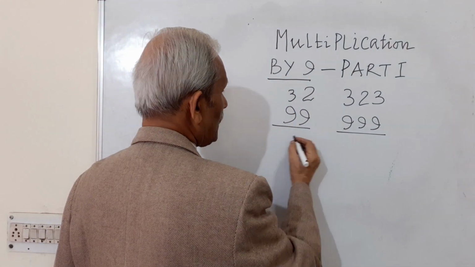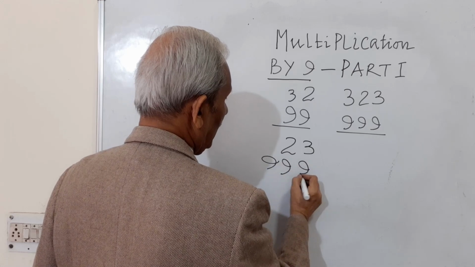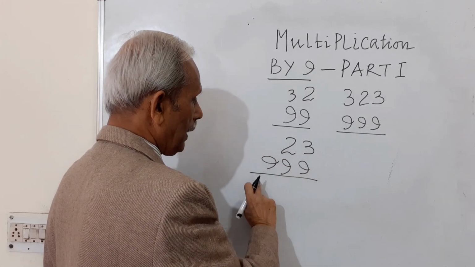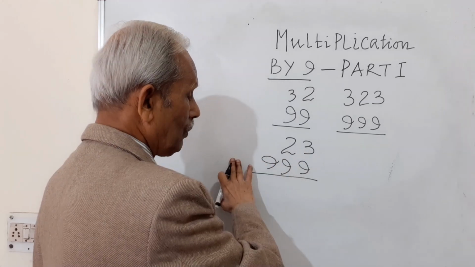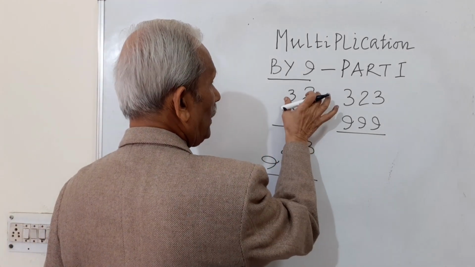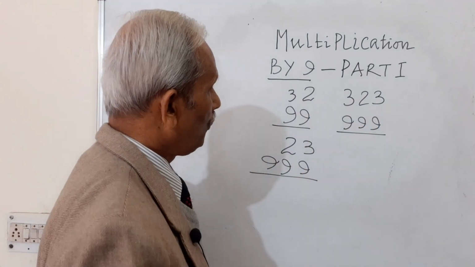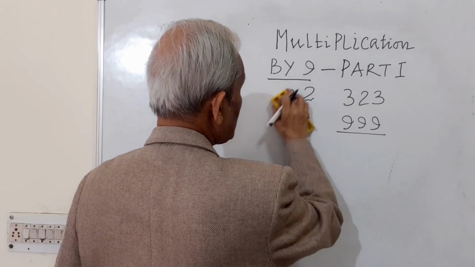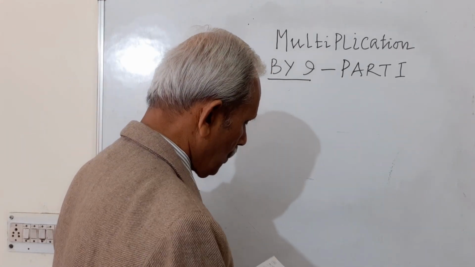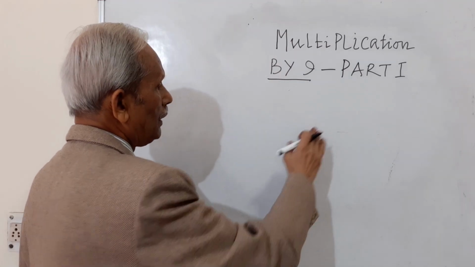But there may be a situation where you find 23 into 999, where the multiplicand has fewer digits, only 2, and the multiplier has 3 digits. Then what is to be done? That we'll see in case number 2. But in case number 1, the digits in the multiplier and the multiplicand are the same.